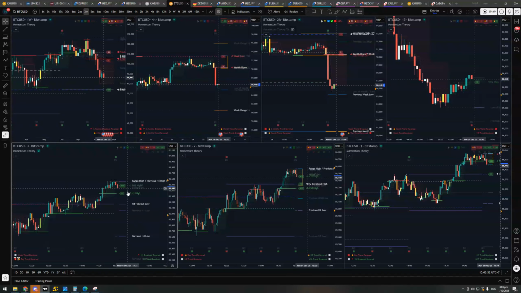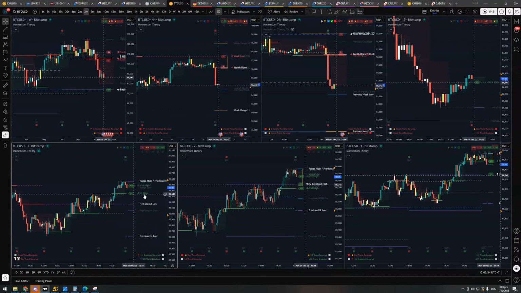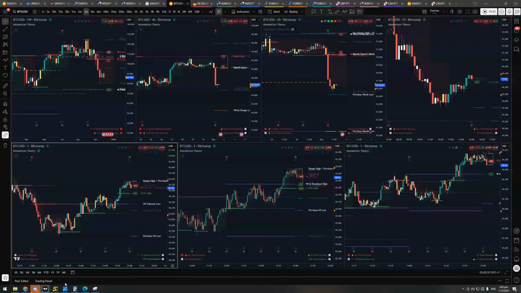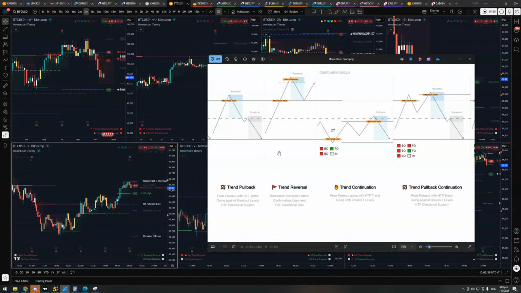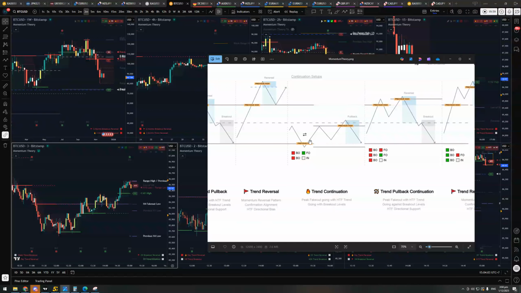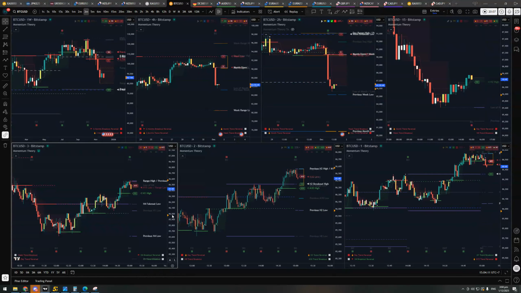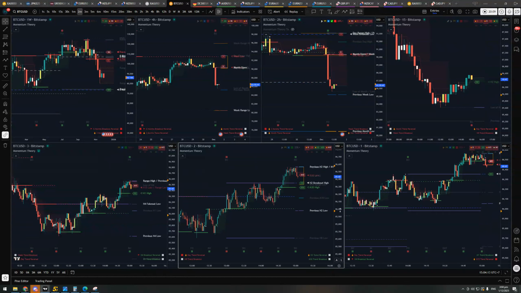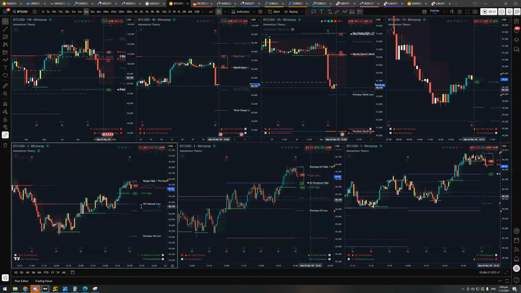So I want to see a fake out here, and then the entry would be a flip with a breakout level. Technically, that first trade of a trend pullback, trend continuation, is down to the fake out level, which would be right over here. So it's a really tight range, probably safer to wait until the whole thing gets underneath the H1 low.